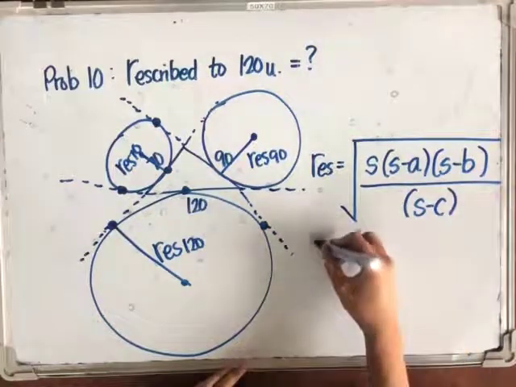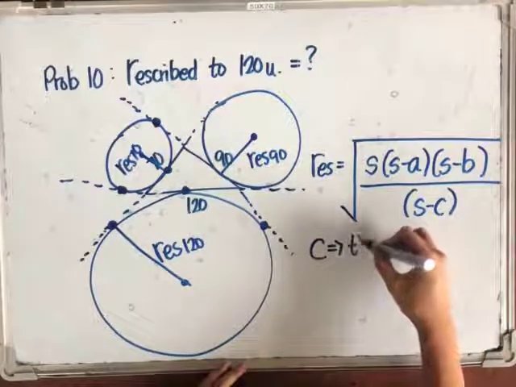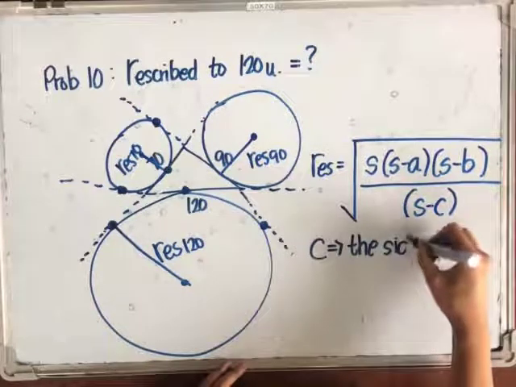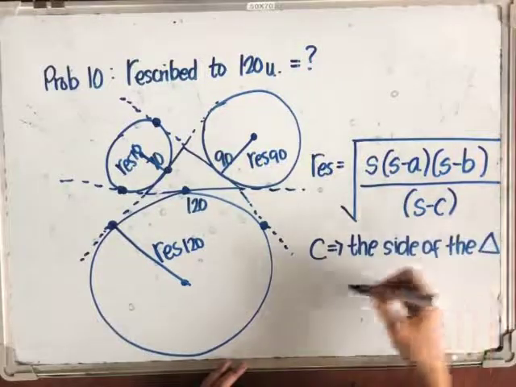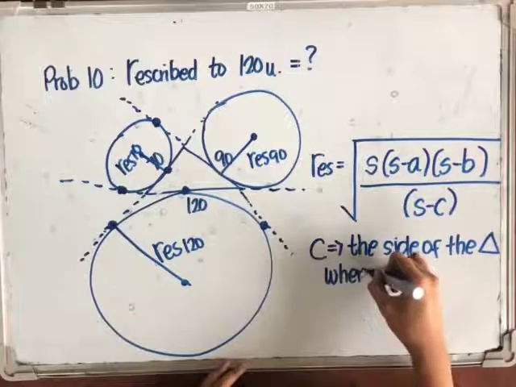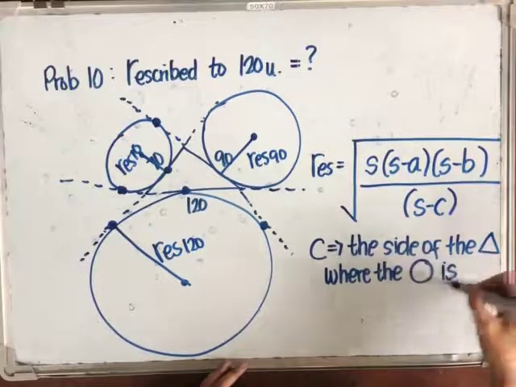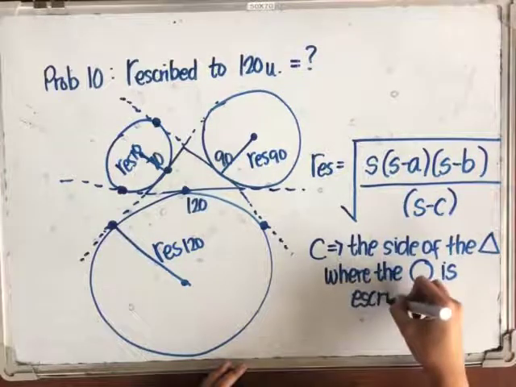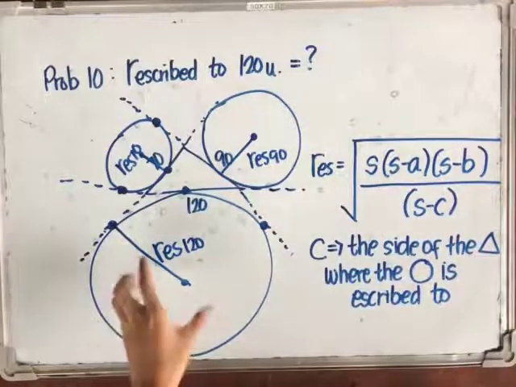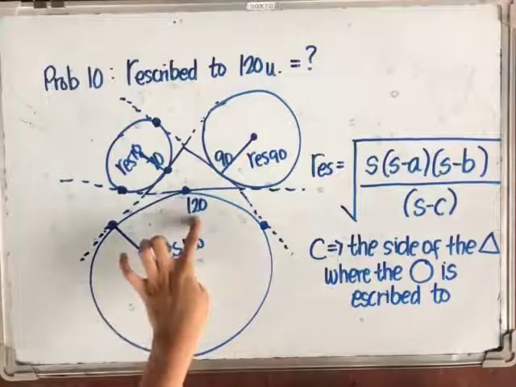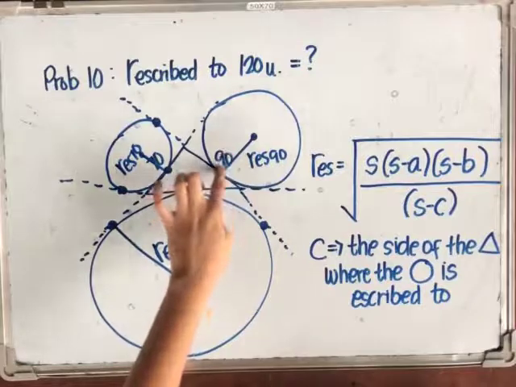Wherein yung C, ang gagamitin mong C dito is the side of the triangle where the circle is escribed to. So if you are looking for this radius, your C should be 120. If you are looking for this radius, you are using C as 90.